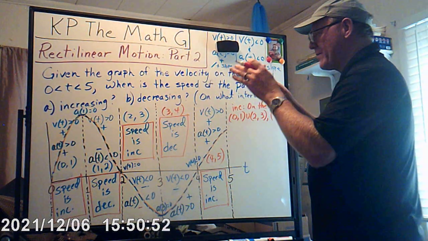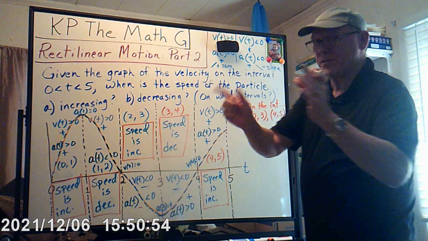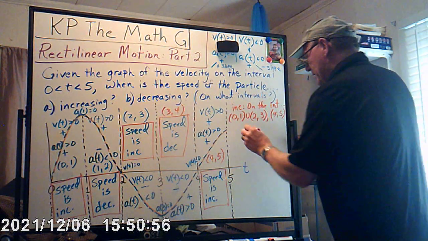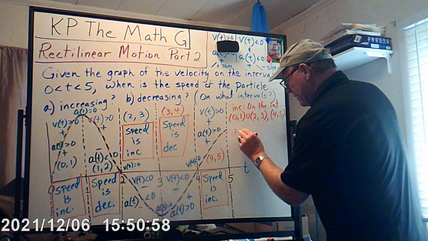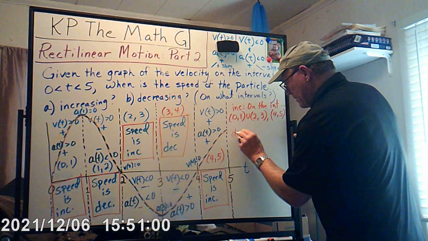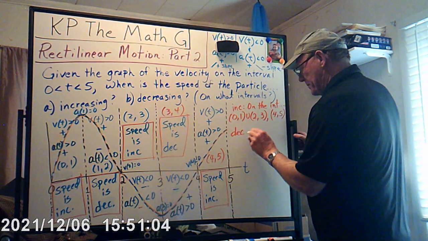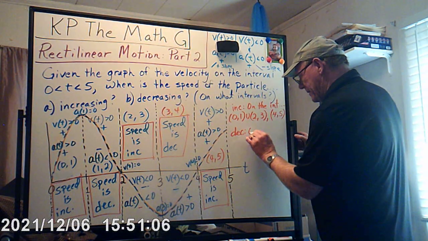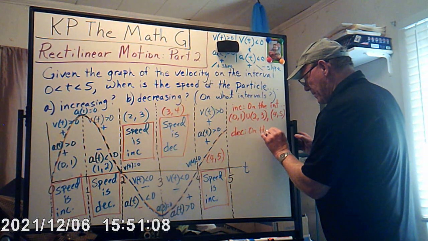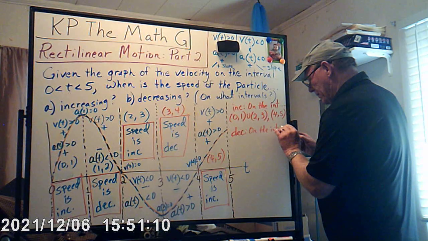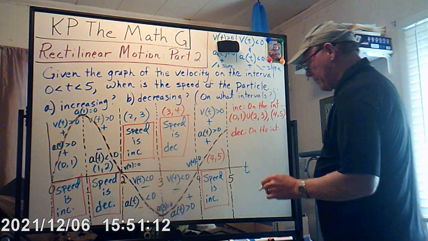It may be that this is asking for just decreasing. The speed of the particle is decreasing on the interval. Well, there's two intervals here.